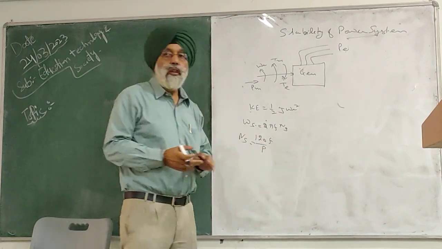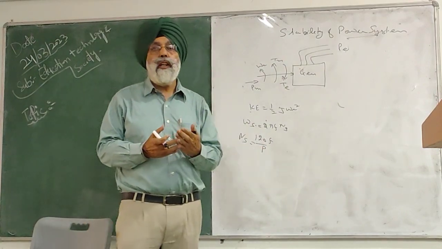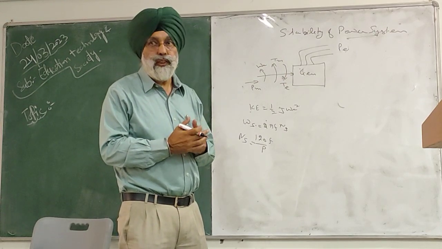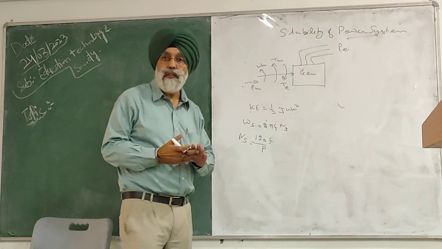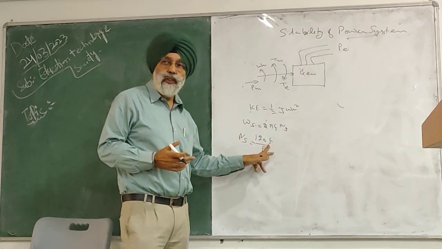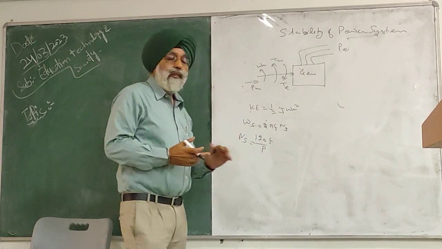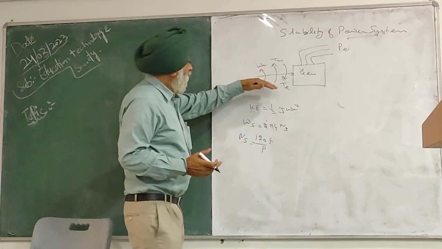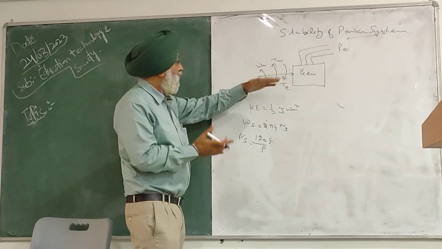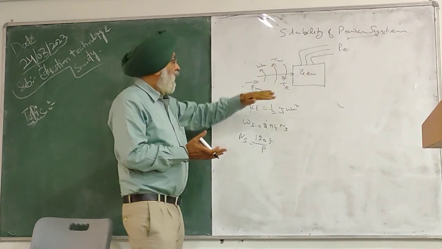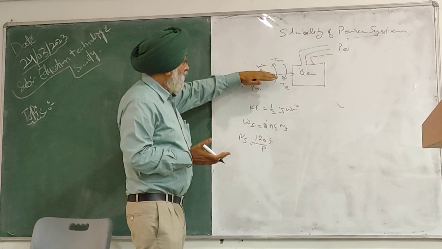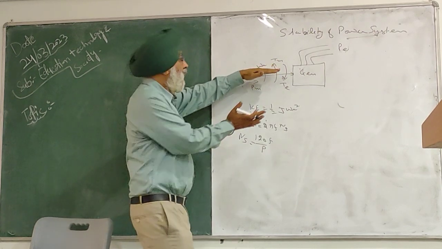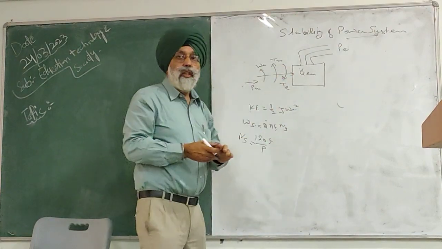Because we are producing the power here at 60 hertz, our standard frequency is 60 hertz. If you consider 50 hertz, then we have some other synchronous speed. So now our rotor is revolving at some speed, and we also have some synchronous speed.